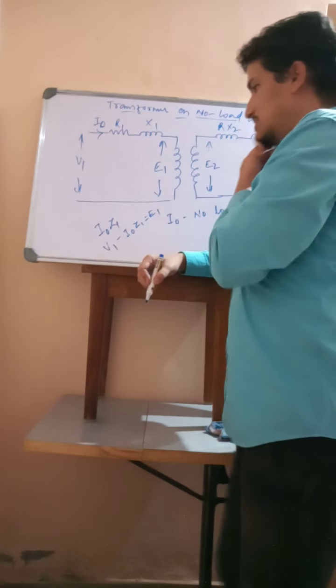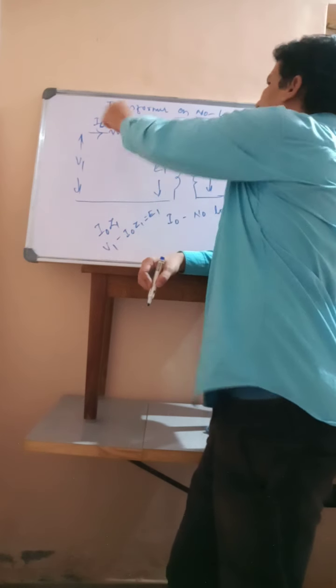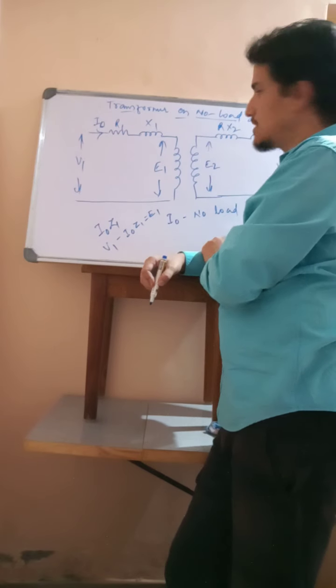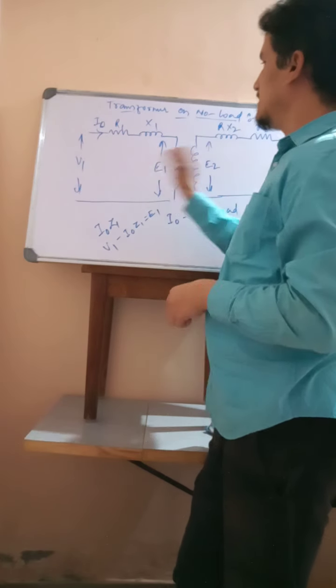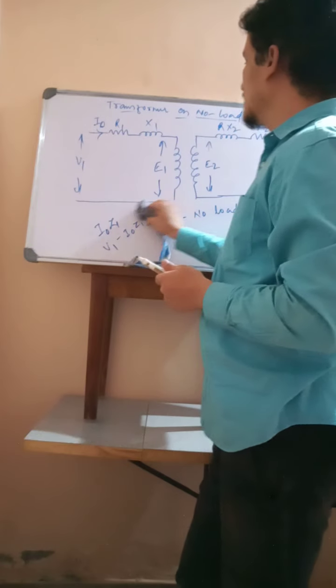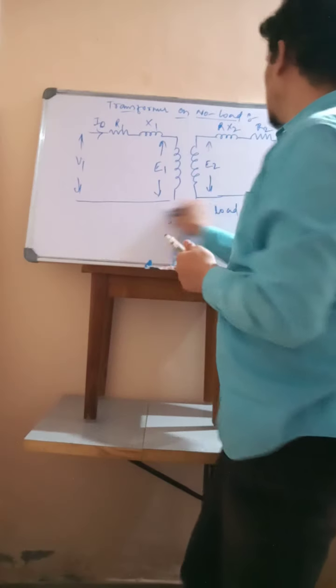E1 is the induced voltage. That is V1 minus I0 Z1, okay? That is equal to E1, if you apply KVL to this primary loop. So E1 appears here, and what all happens?